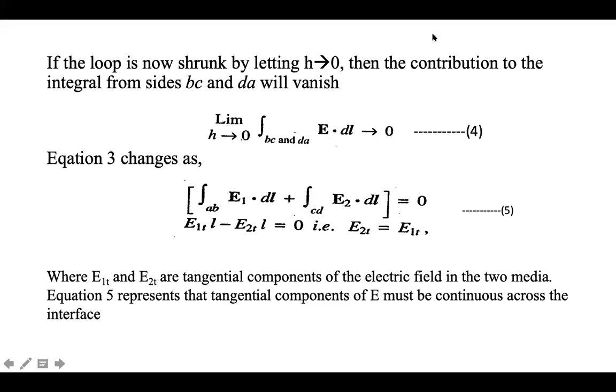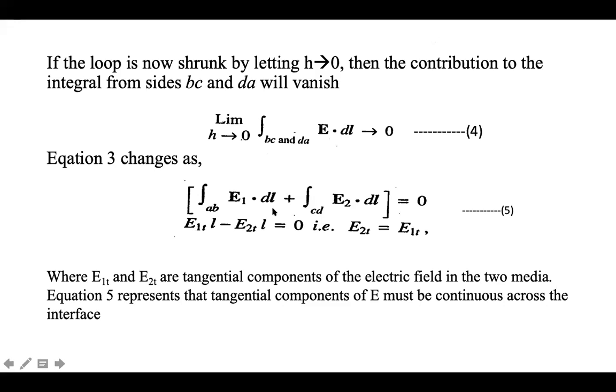The sides will vanish, and you have only the upper and the lower lines. So the contribution from the sides BC and DA will vanish, and you are left with AB and CD. The right-hand side is equal to 0.